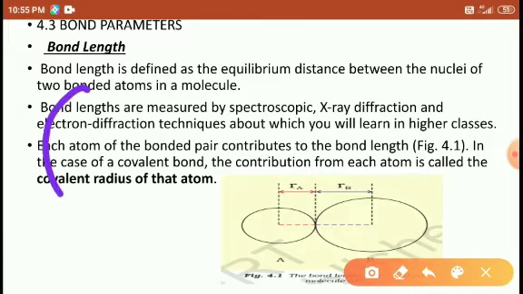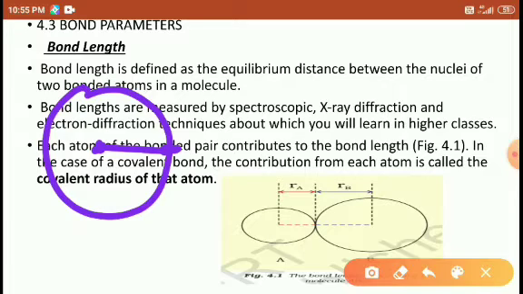So this is the atom, and this is its radius. Another atom is there.